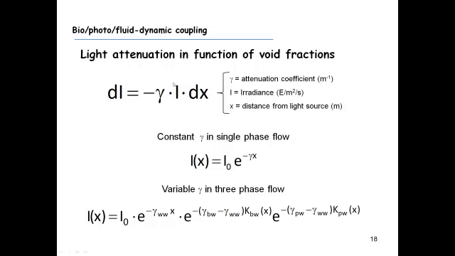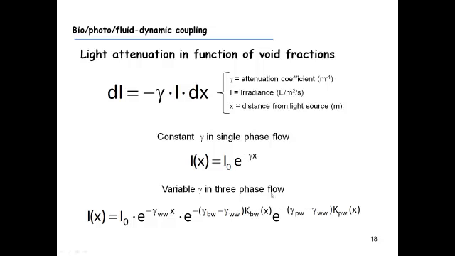So this formula means that attenuation is proportional to the intensity and proportional to the distance from the light source. This means that the stronger the light is, the more attenuated it will be. If we integrate this formula, assuming that gamma is constant, which is very reasonable in single phase flow, for instance, you arrive at this traditional formula here.